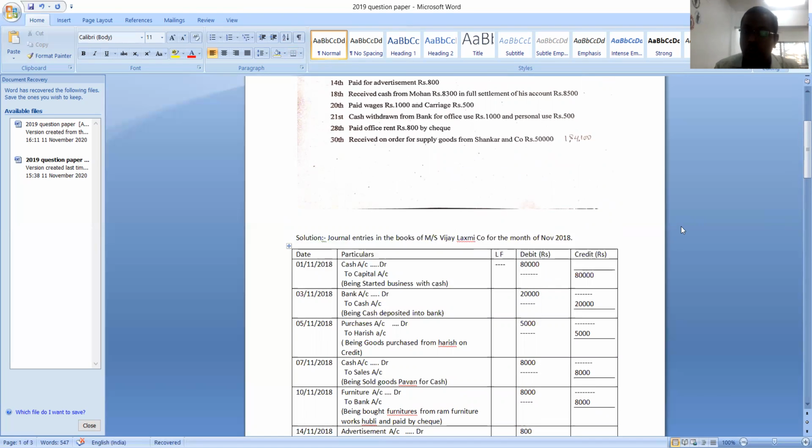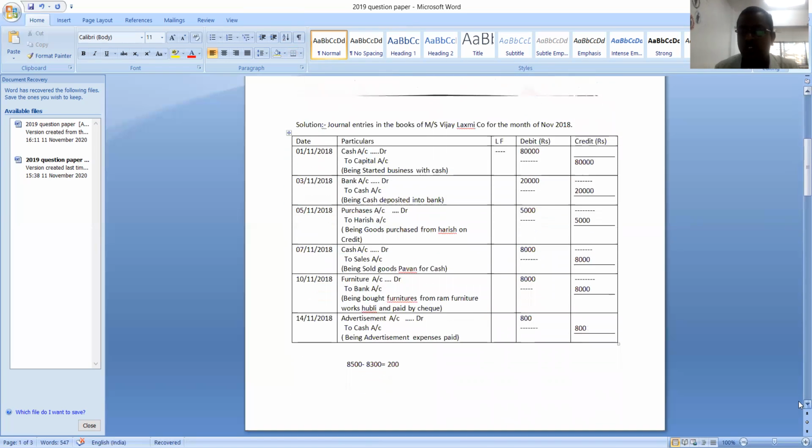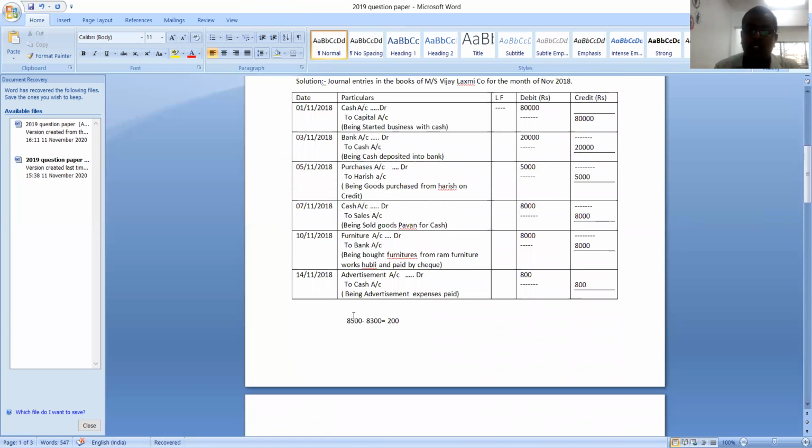It means we need to receive 8,500 rupees from Mohan, but instead of that we are receiving 8,300. It means we are giving him a discount of rupees 200. So instead of taking 8,500, we are taking 8,300 from Mohan, which means we are giving him 200 rupees discount.